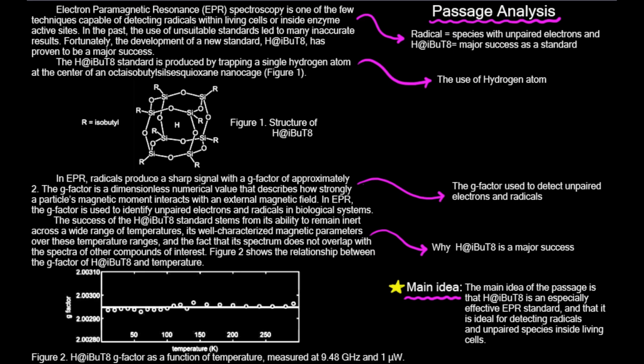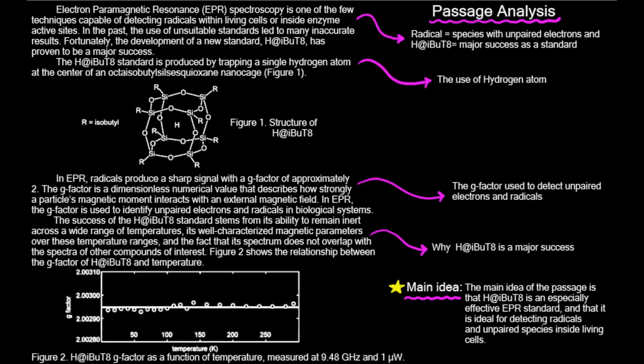In the third paragraph, the passage introduces the concept of the G factor and it explains what it represents. This is new information. Here they say that the G factor is used to detect radicals and other species with unpaired electrons. In paragraph 4, the author explains why the standard is considered a major success and they introduce the figure.